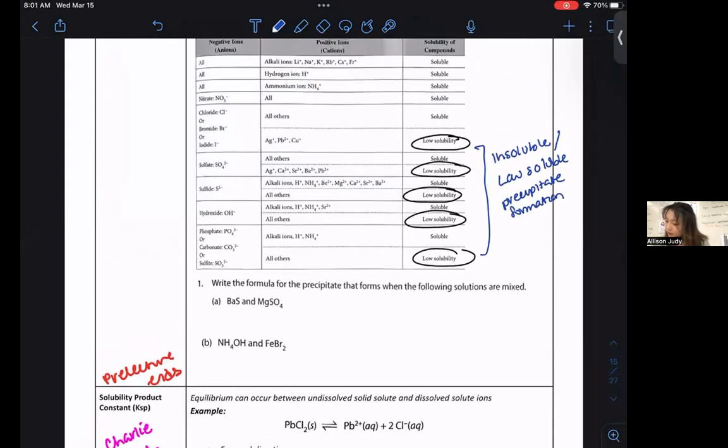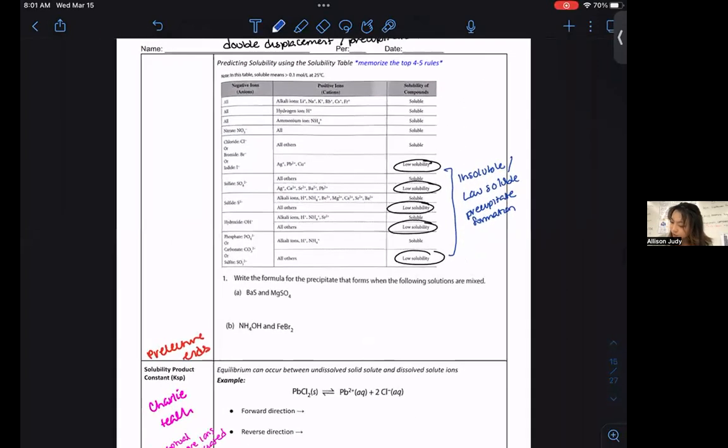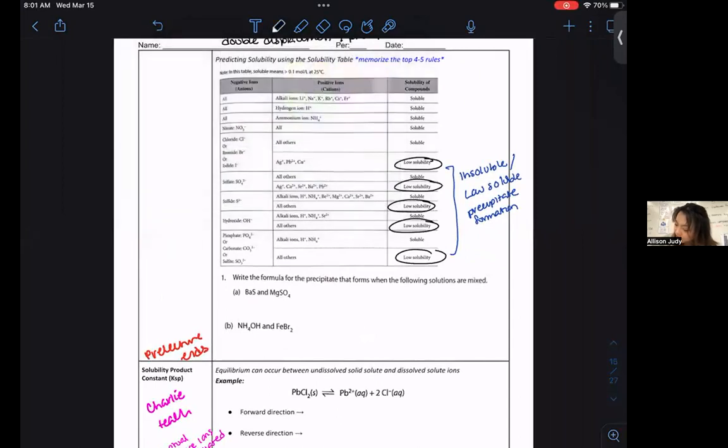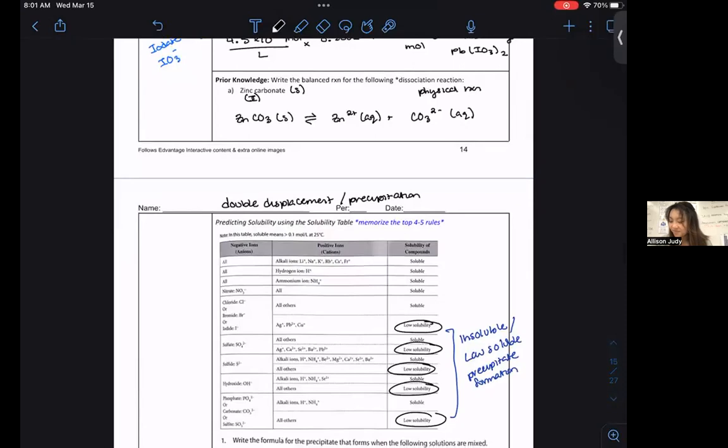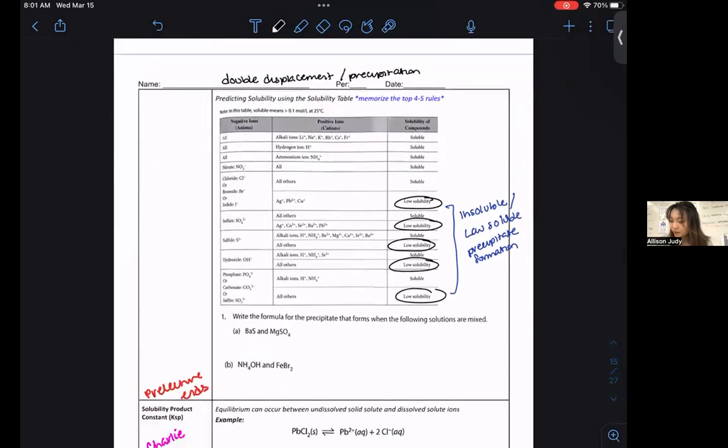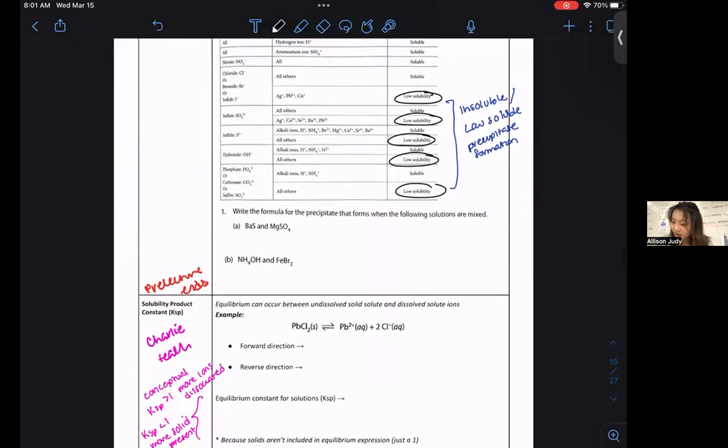Okay, so barium sulfide and magnesium sulfate, what you would do is write it just like a two combined dissociation reaction, which of course is our double displacement reaction.